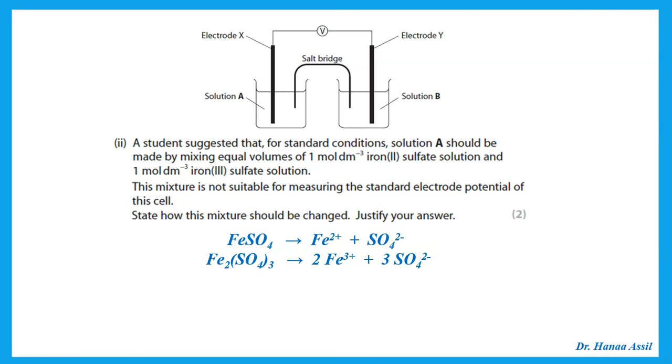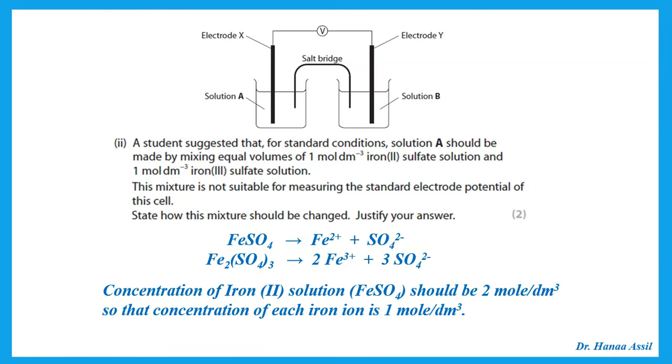Because if I use 1 mole per decimeter cubed of iron 2 sulfate solution, that means I have 1 mole per decimeter cubed of iron 2 ions. That's correct. But if I put in 1 mole per decimeter cubed of iron 3 sulfate solution, that means my concentration of iron 3 plus is twice of that.